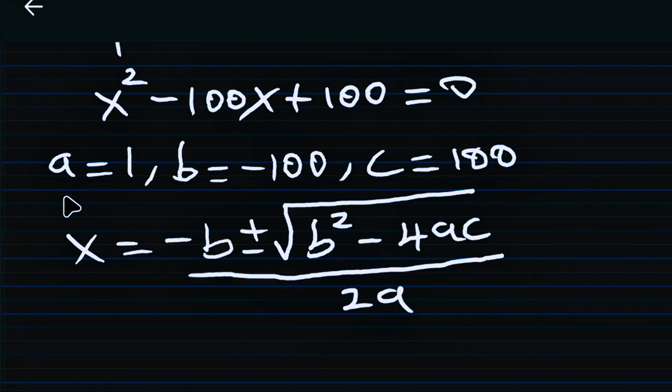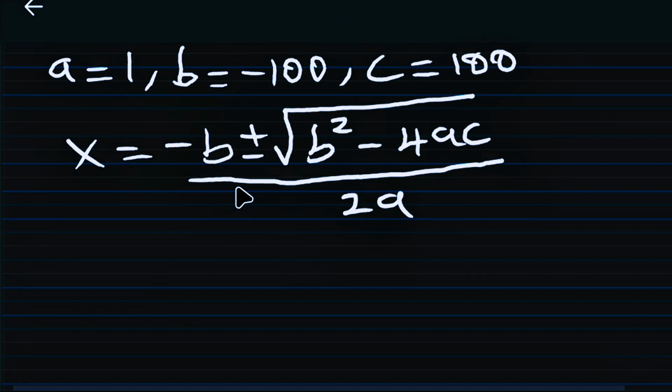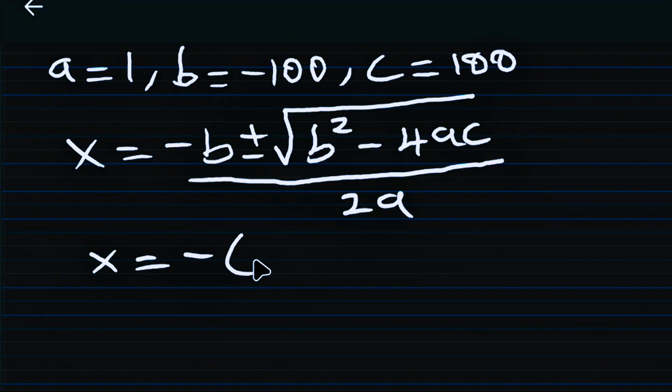Since we have written down all our parameters, all we need to do is substitute them in this given equation. So we are going to have that x equals negative b. Remember that b here is negative 100, so we are going to have negative, then open parenthesis, negative 100.